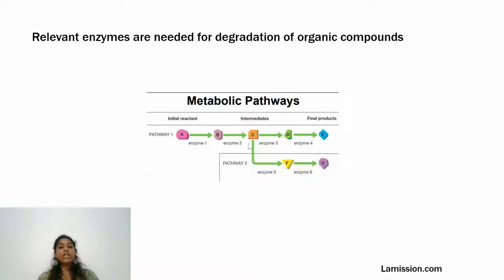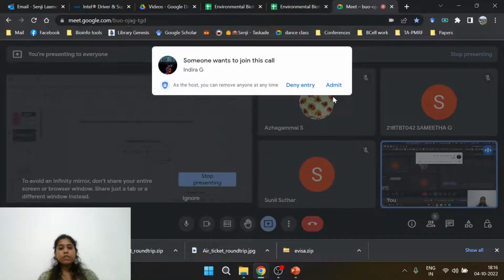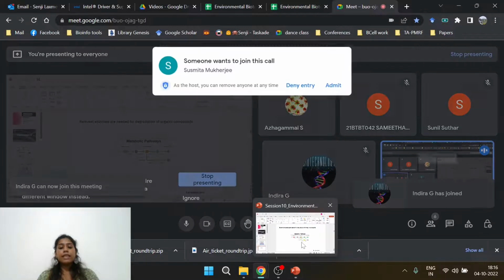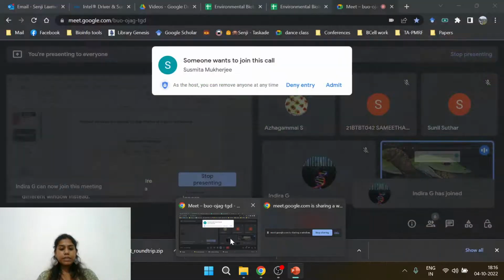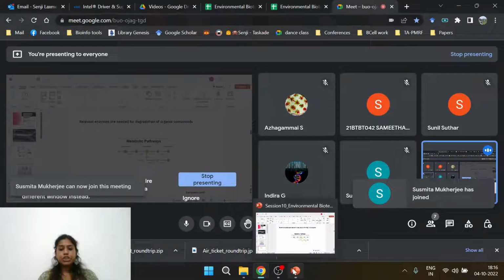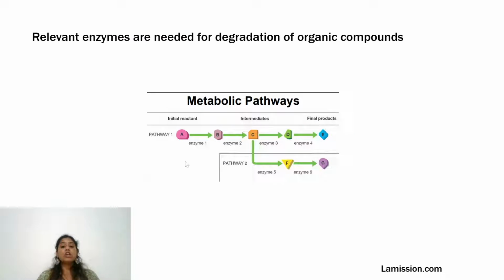It might go to D or it might go to F depending on the external conditions. It could be pH, it could be temperature, it could be even the abundance of microbial biomass at that stage, because even the microbial biomass amount at the end also determines how much this process gets shifted towards a particular pathway or another pathway.